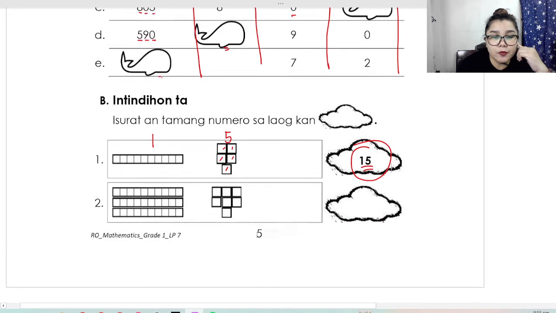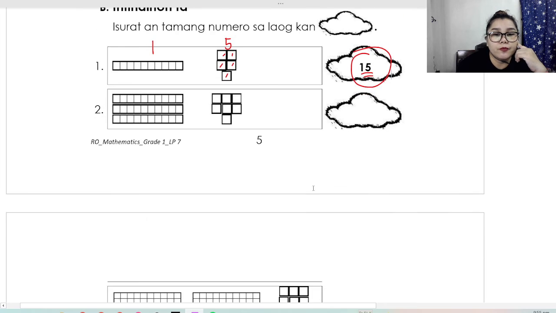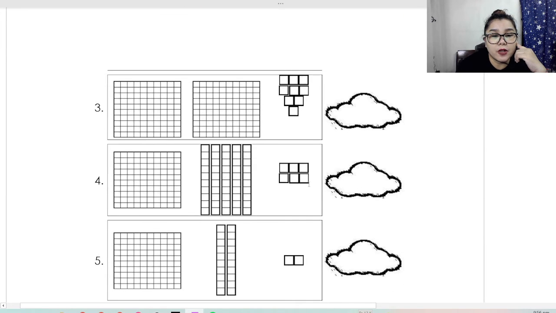Next one, for number 2, kayo na ang magbibilang the number of longs and the ones, then write the number for it dito sa cloud figure. So, that is what you have to do for number 3, 4, and 5. So, in number 3, tingnan nyo, kung nagsimula sa hundreds, it means dapat may ones, tens, hundreds.